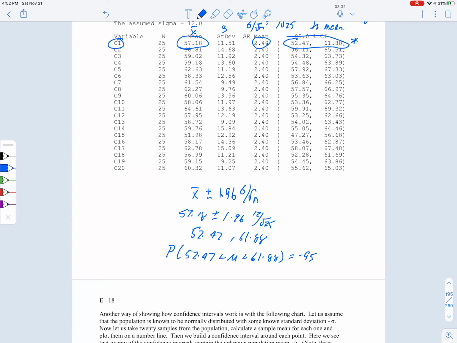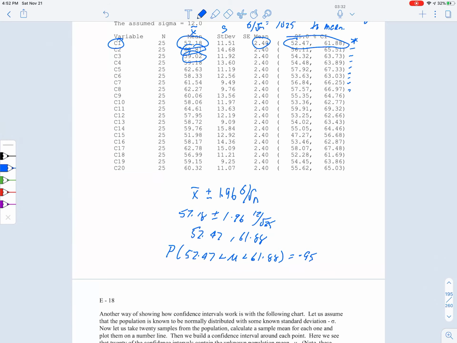And so in the next one here, we end up with 60.81 is the x bar. The next one is 59.02 and so on. And in each case, we build a confidence interval. Now, when you take a look at these 20 confidence intervals, our hope is that they contain the true mean, which is 60.